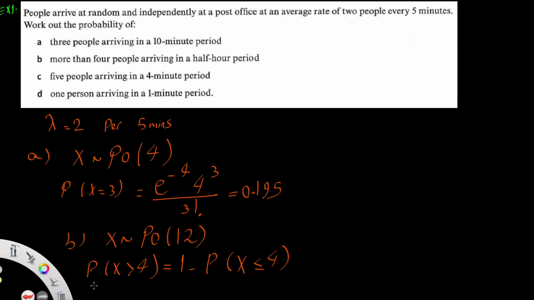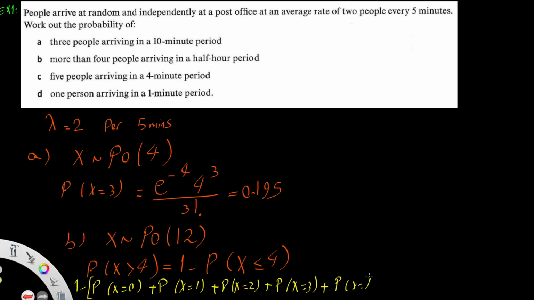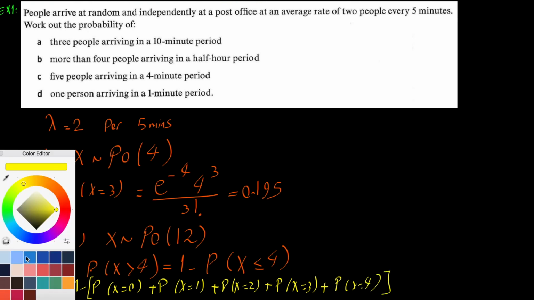So it will be 1 minus the probability of x equal to 0, or 1, or 2, or 3, or 4. Now brackets closed.